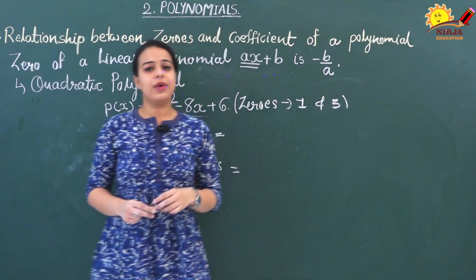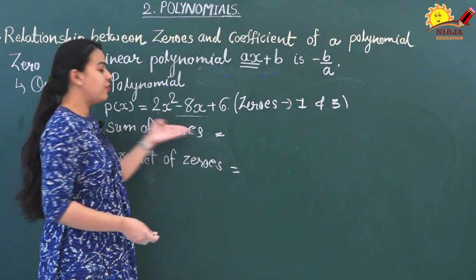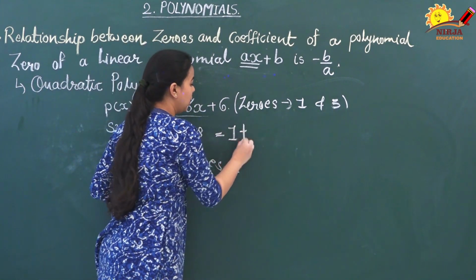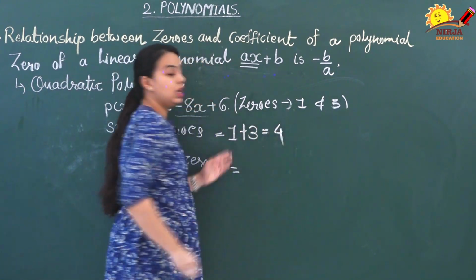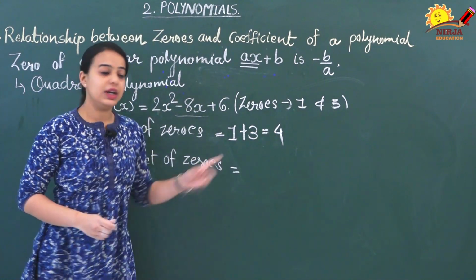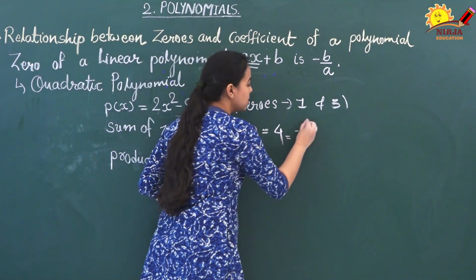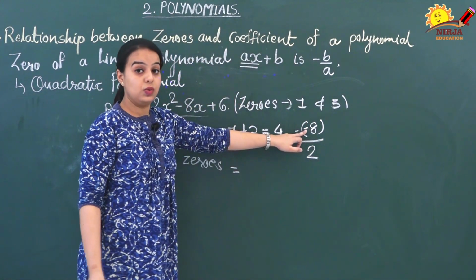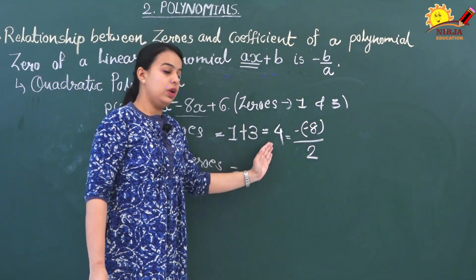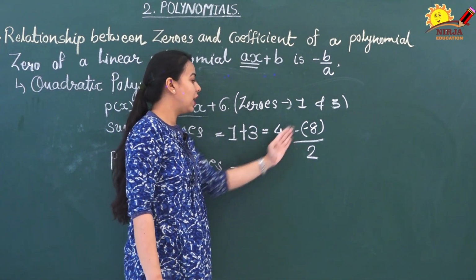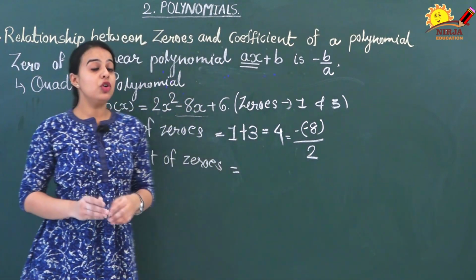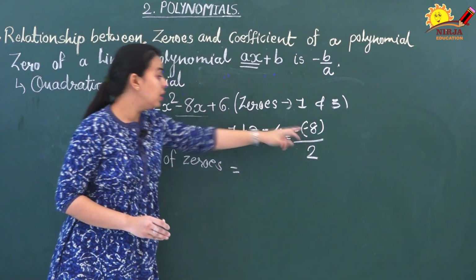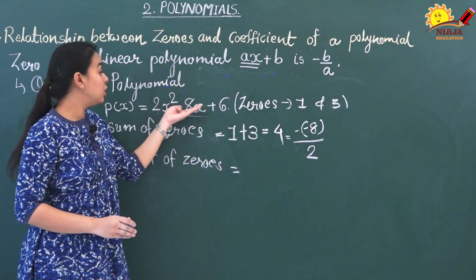For that, first we are going to see the sum of zeros. Our zeros are 1 and 3. Let's add them and we get 1 plus 3 is equal to 4. If I rewrite this 4, I can write it as minus 8 upon 2. Minus will be plus, 8 upon 2 is equal to 4. So we can rewrite this 4 like this also. And if you notice carefully in this polynomial, minus 8 is our coefficient of x.